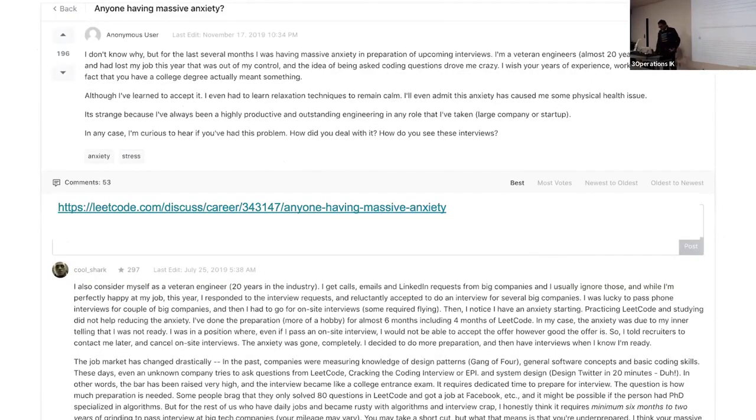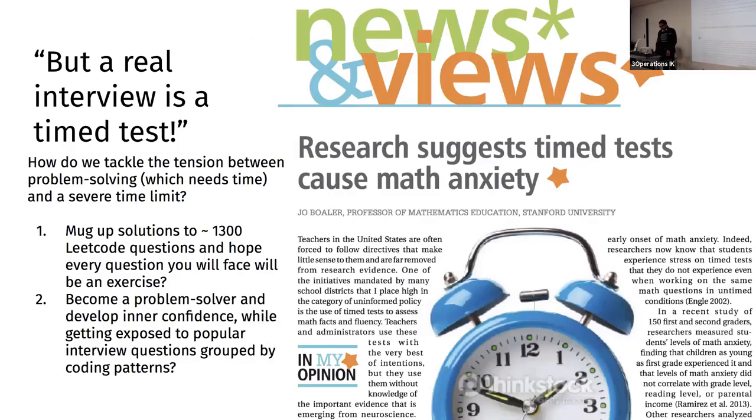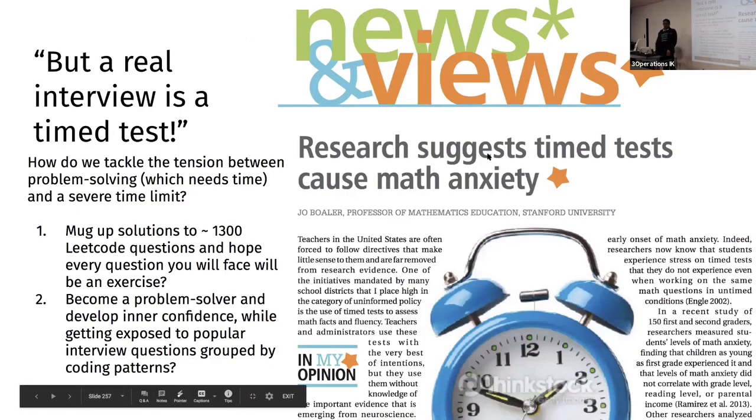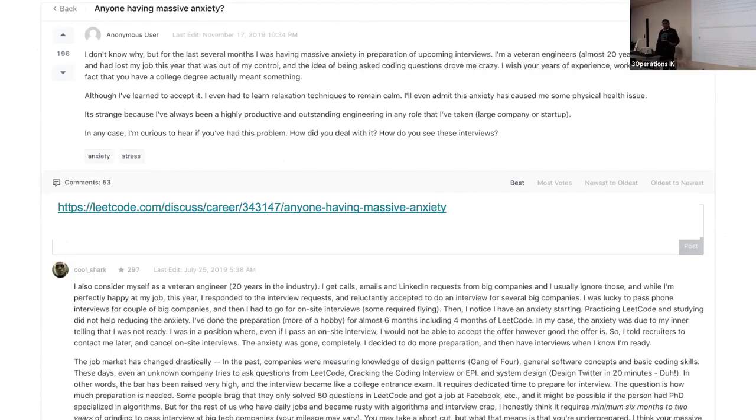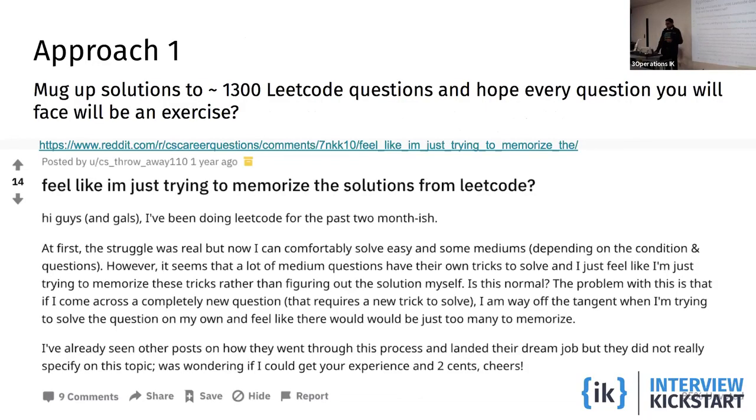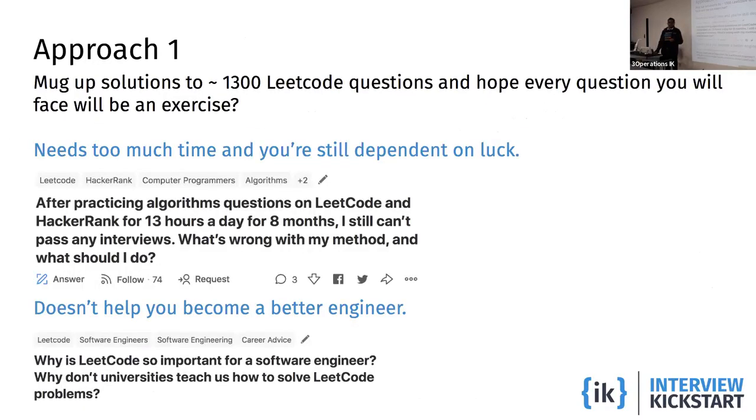So time tests always cause anxiety. This is true for kids who have math anxiety because of it in school. It's also true for experienced engineers who are giving interviews. They also have interview anxiety. So the best antidote to this anxiety is to become a problem solver, so that, as I said, that inner confidence is what is important.